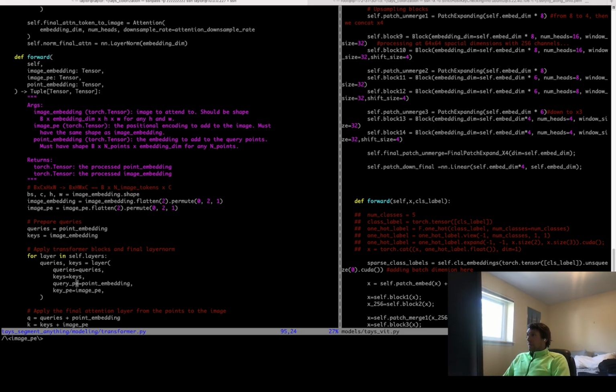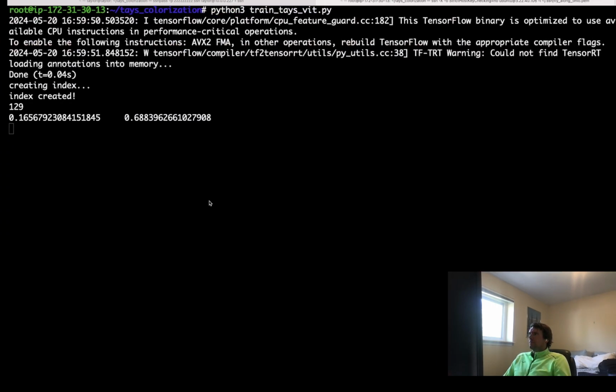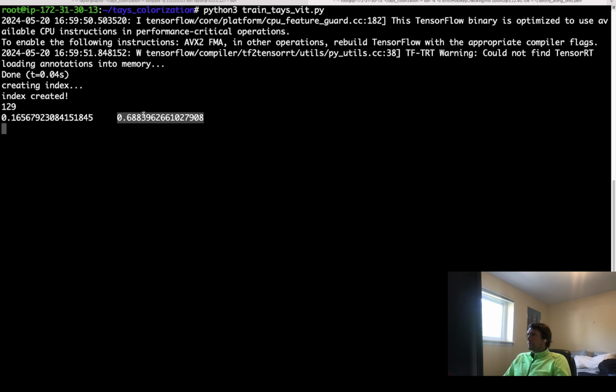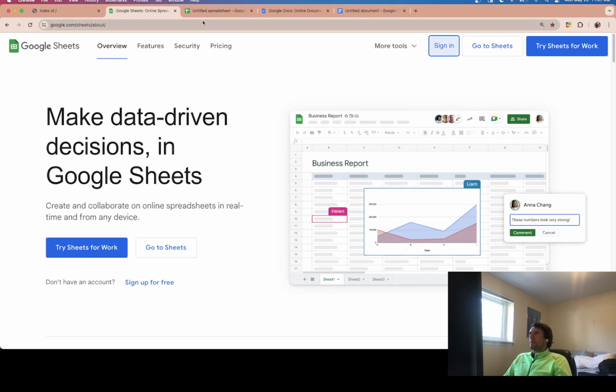I've already added the positional encoding once, but I guess I could just add it in twice. Point 6. Let me see, where were we with this?